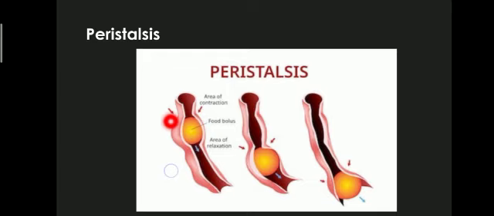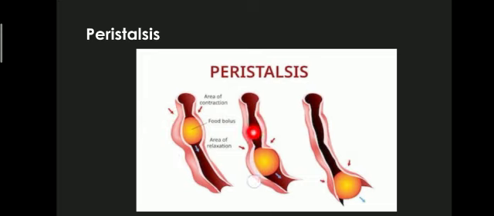Now let us study what is peristalsis movement. Where the bolus, the food, is present, that region expands. The muscular structure of the esophagus expands and the rest of the region contracts.